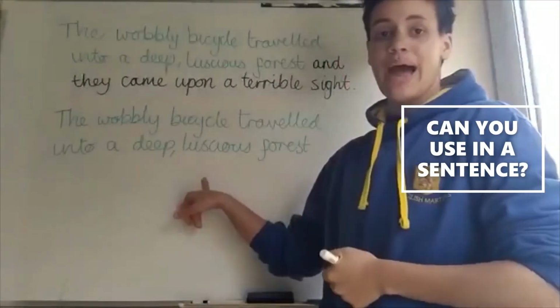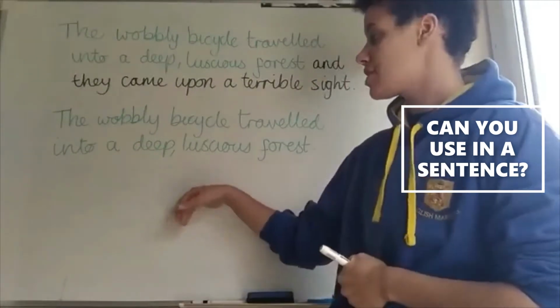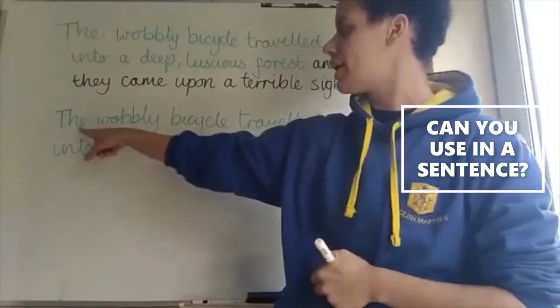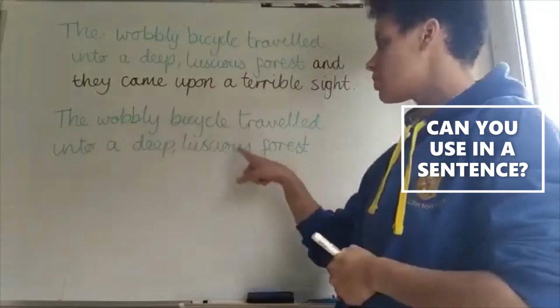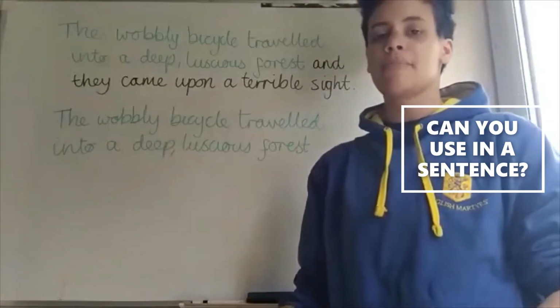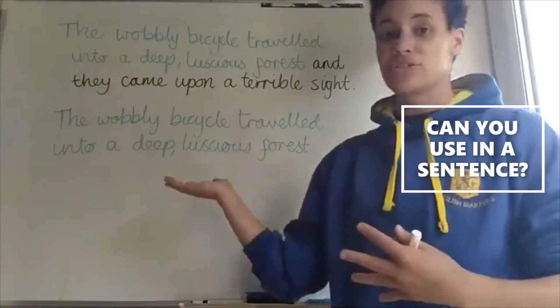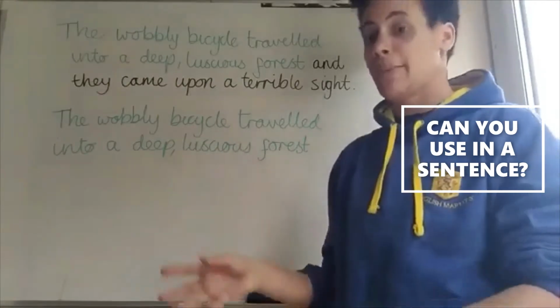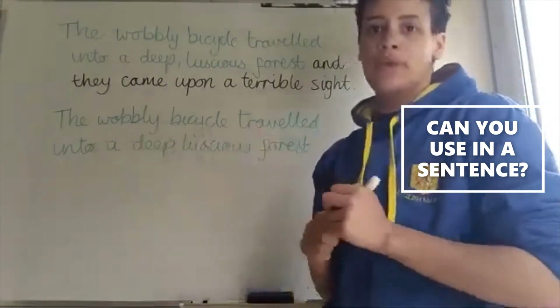So now I want to have a go at doing a complex sentence. I'm going to take my same simple sentence I've got here. So the wobbly bicycle travelled into the deep, luscious forest. This time I'm going to give a bit more detail to them travelling into the forest. I'm not going to add a new idea, really. I'm going to give you a bit more. Okay?